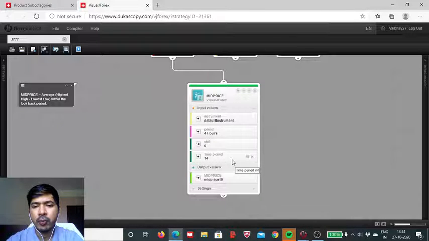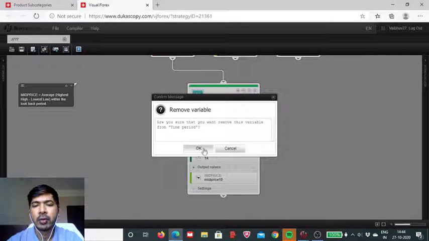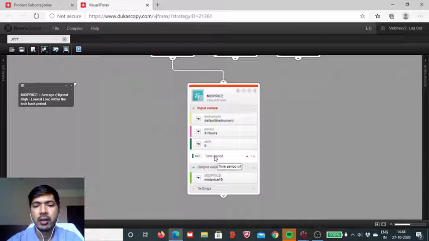Time period: when we took this 14 as our default value, that means the last 14 candles will be taken into consideration, and whatever the highest high and the lowest low formed over that period of time will be utilized to calculate this mid price. Now you can shorten it or you can lengthen it. You have the choice, and for example if you want to make it 20, you are free to do so.